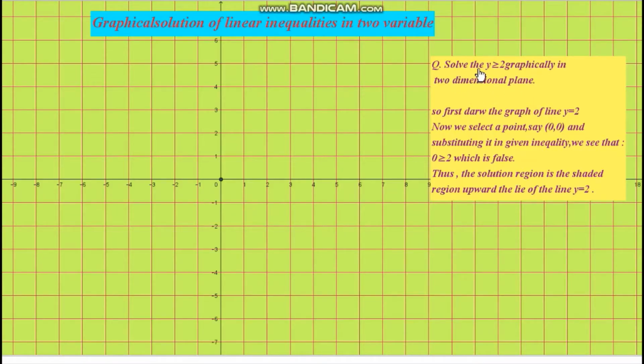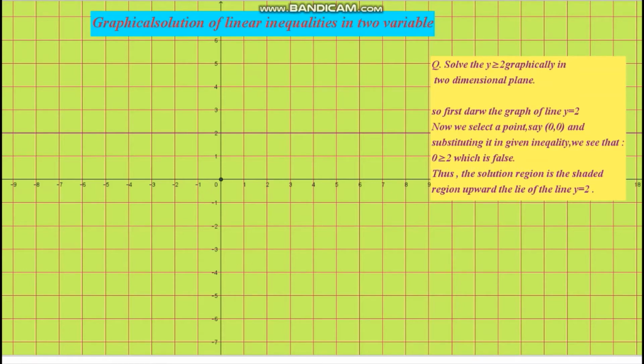Now the next question: solve y greater than or equal to 2 graphically in the two-dimensional plane. So first we draw the line y is equal to 2. So this is our line y is equal to 2. Now we select the point 0, 0 and substitute in the given inequality. In place of y, if we put 0, it becomes 0 greater than or equal to 2, which is false.